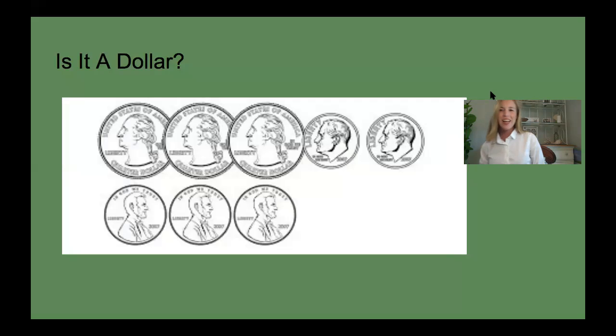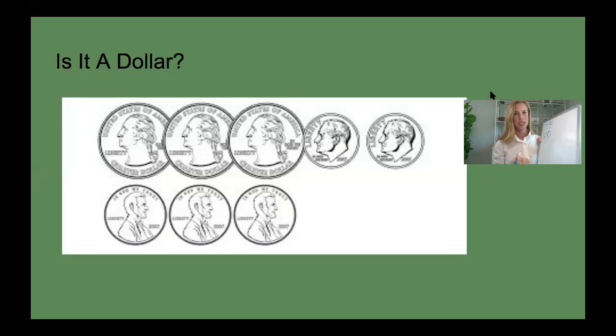All right, so looking at these coins, we have 3 quarters, which is equal to 75 cents, 2 dimes, which is equal to 20 cents, and then we have 3 pennies, which is equal to 3 cents. If you were solving on your own, one way that you could do this is to group the coins, write the values of the group, and then add. So I know the quarters equal 75 cents using my skip counting.